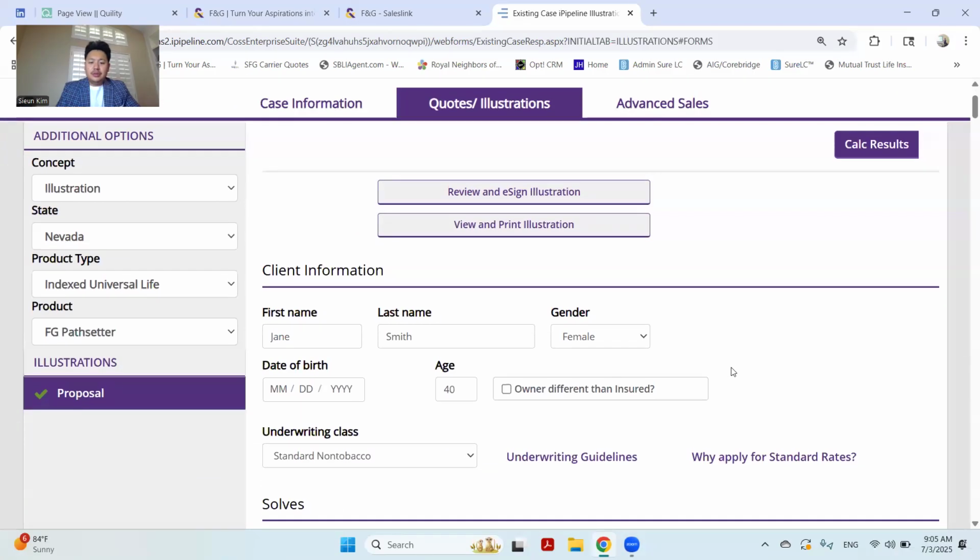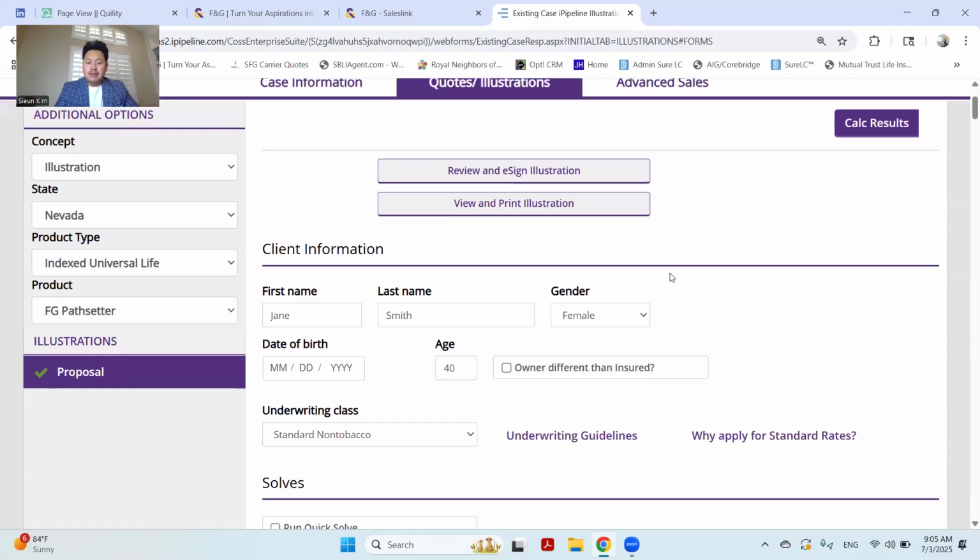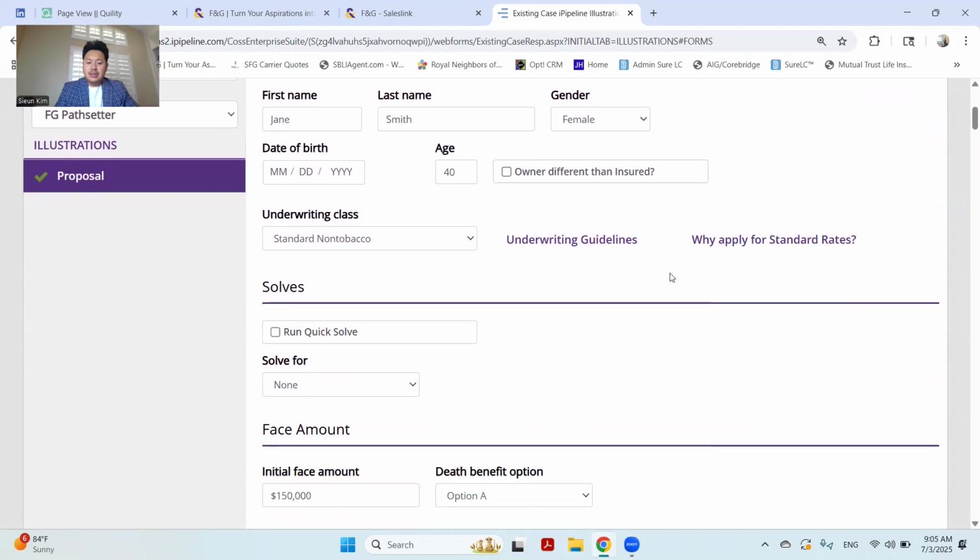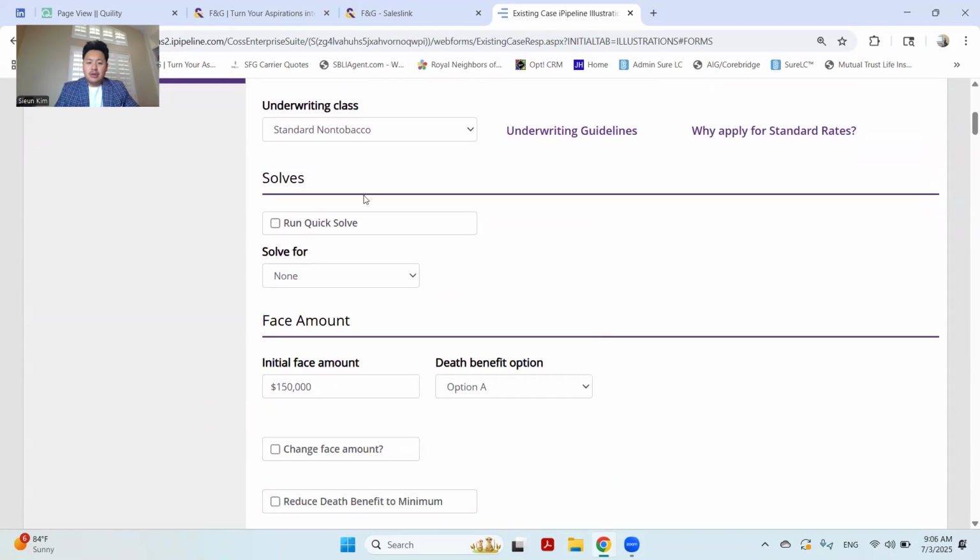I'm going to show you an illustration. If the client says, Sean, I would like to get an IUL and kind of max fund it so that later it could supplement my retirement income. Let's just say the client said that to you. Then my recommendation is you're going to scroll down and under solves, there's something called solve for.